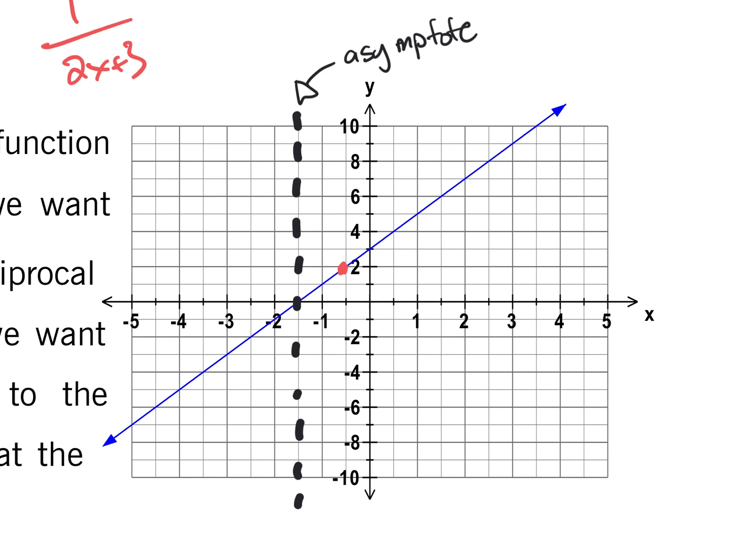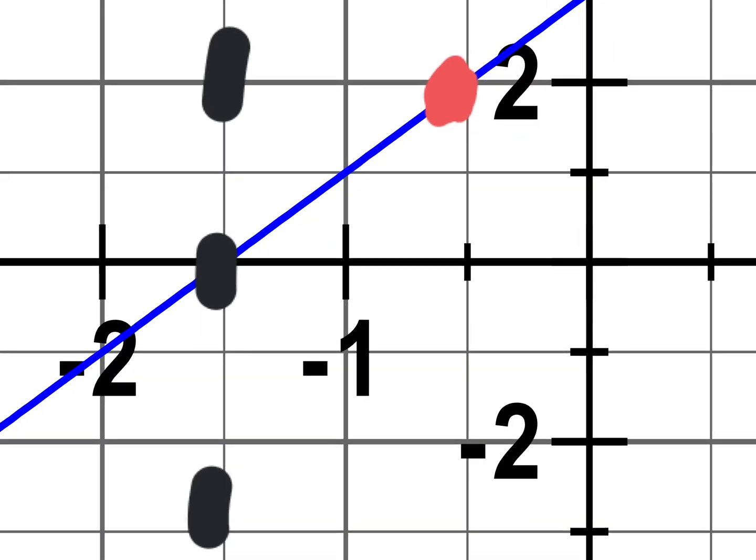Because if we look right about here, what kind of number is this? And if I get closer and closer to the asymptote, what happens to the value of y? It goes down, gets smaller and smaller.